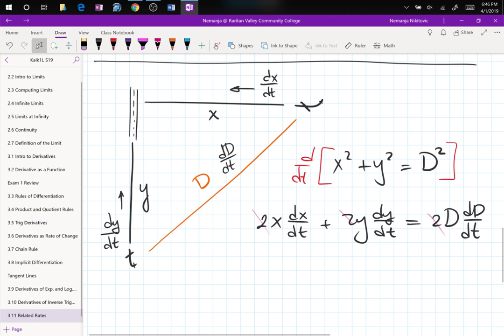Now, in our case here, dx/dt is going to be negative, right? Because you are closing the distance towards the airport, because it's a velocity. Speed is 600 or 500, whatever, but it's going towards the airport and it's closing the distance, so it will be negative.